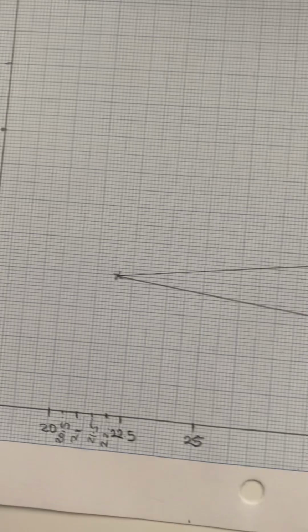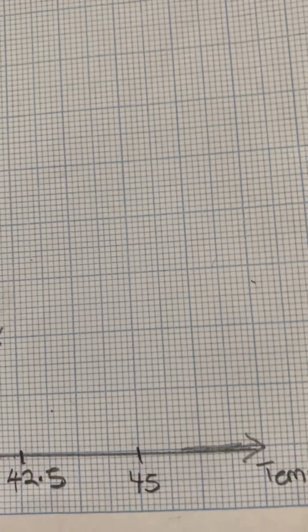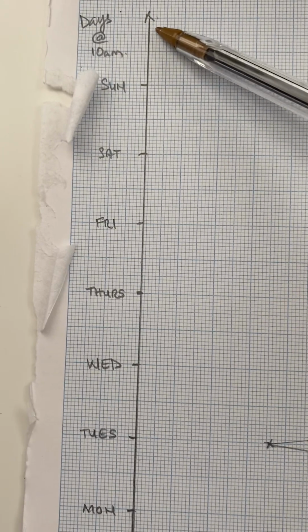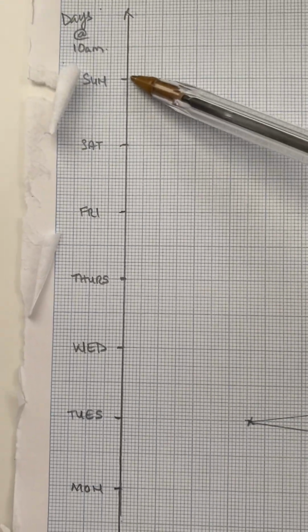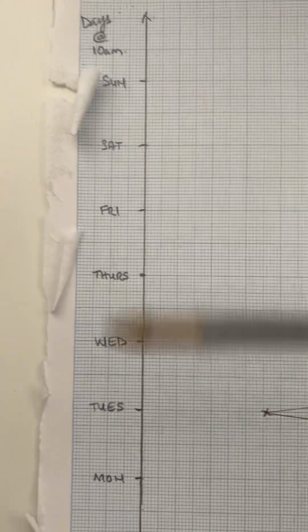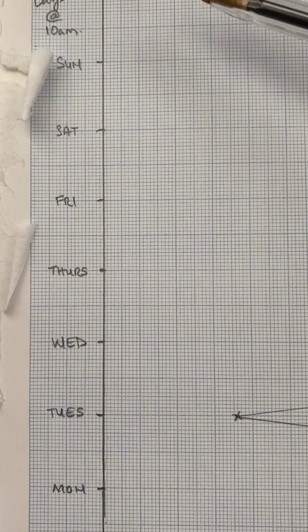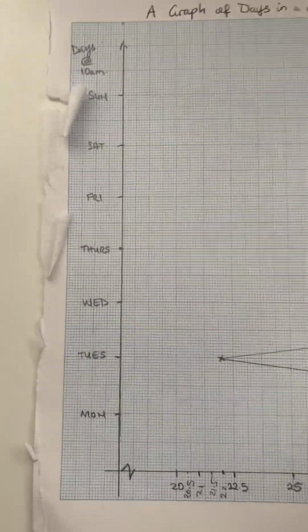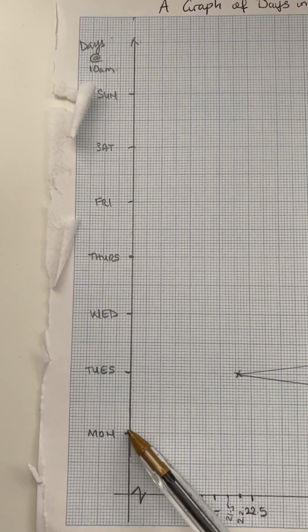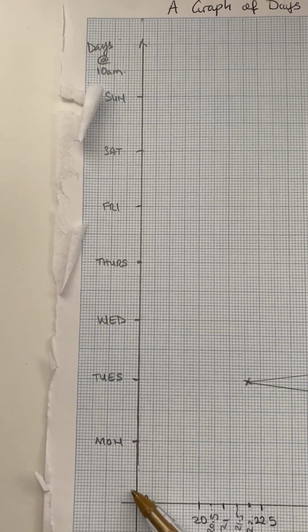Now I put the temperature in degrees Celsius on the x-axis and the days of the week on the y-axis. We are not told where to put it, so it's more convenient that way. Now on the y-axis, if you can see, I used 2 equal intervals.